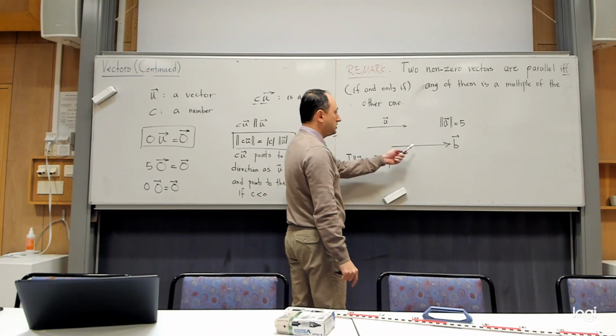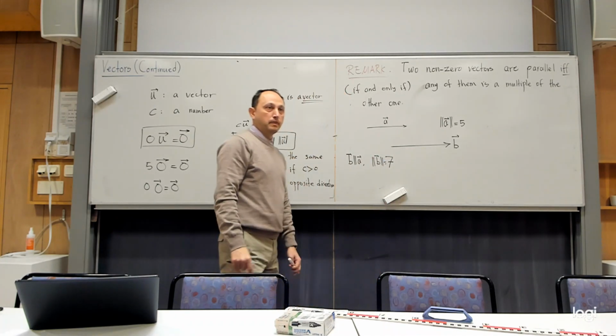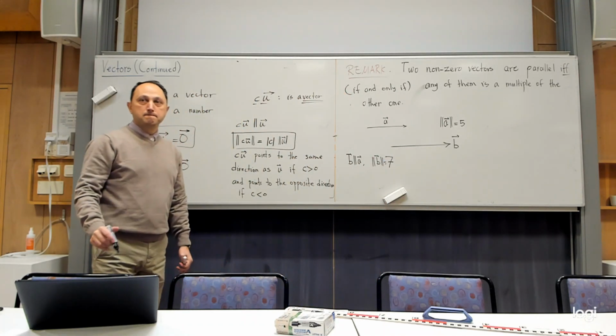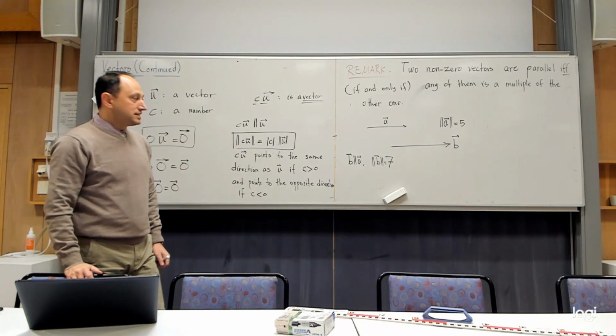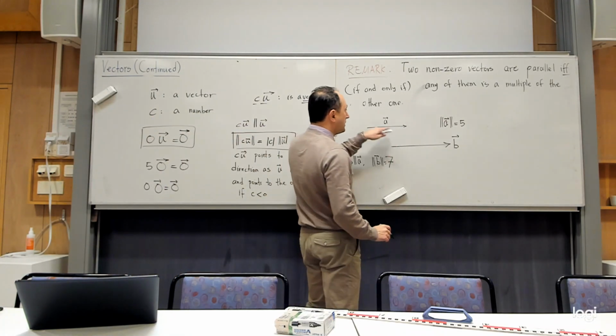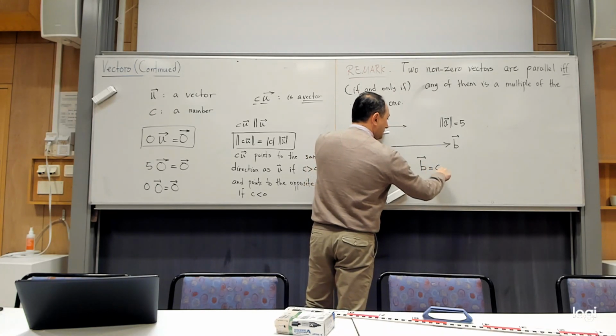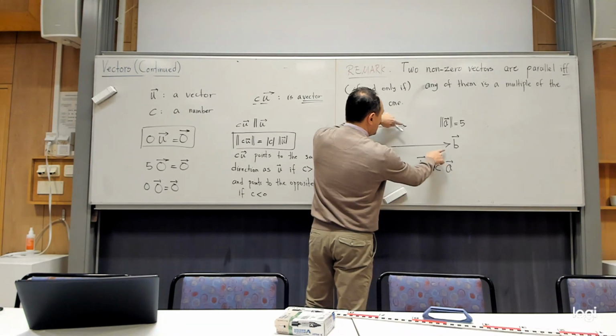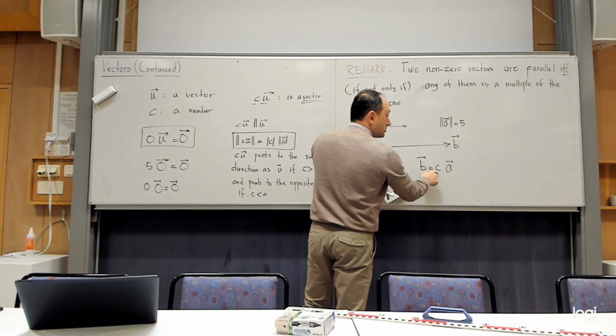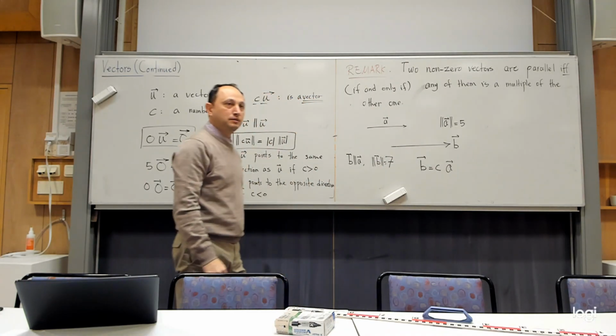What is the relation between B and A? Still, because B is parallel to A, B is still a multiple of A. Positive multiple or negative multiple? Because they are pointing in the same direction, positive multiple. But what that multiple is in this case?